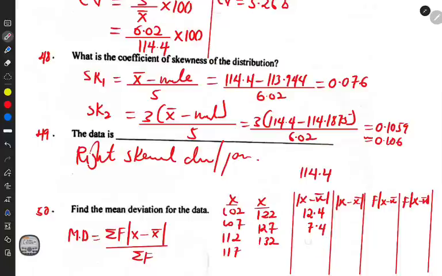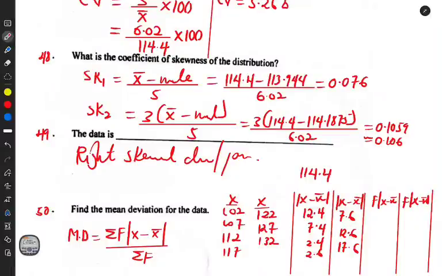The third is 2.4. The fourth is 2.6. The fifth is 7.6. Here is 12.6. And lastly, 17.6.